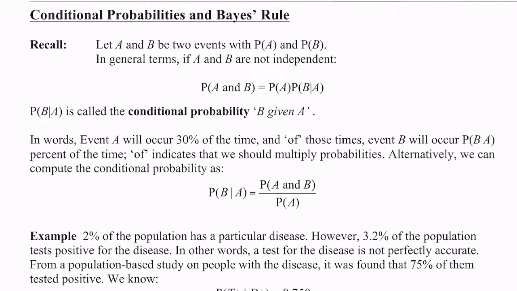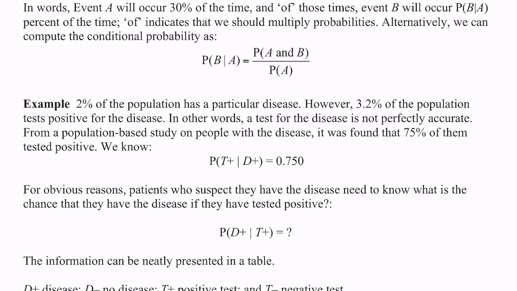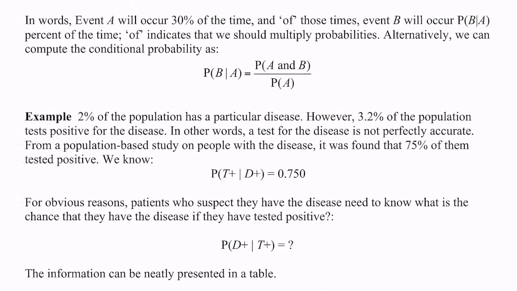We can exploit this. Let's say we knew something instead about B, rather than A. Couldn't we write this in a different way?